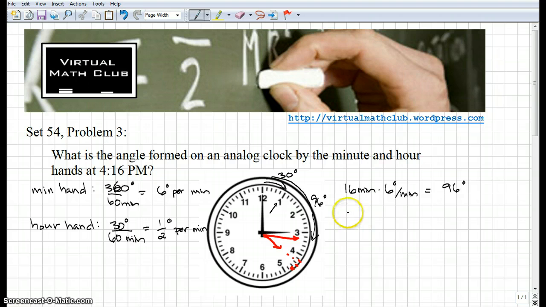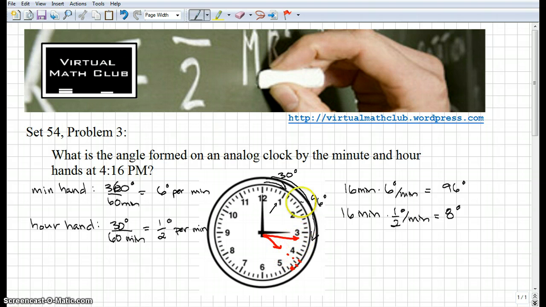All right, so again, 16 minutes after the hour, let's look at where the hour hand ends up. It only moves 30 degrees in an hour, and it's moving half a degree per minute, so let's multiply half a degree per minute times 16 minutes. That's just going to give us 8 degrees. But that's 8 degrees from the time it was pointing directly at 4 to the position it's at at 4:16.